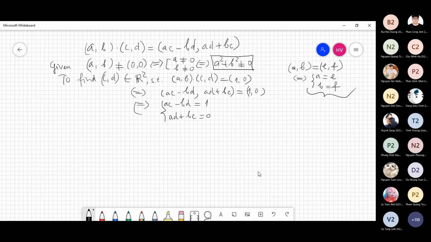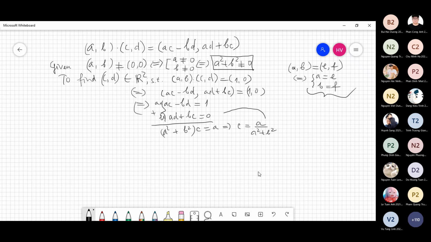Okay, I want to eliminate minus BD here, so I multiply the first equation by A, and here AD, so it's B here. Then add together, so you obtain A squared when you multiply with A, and ABD, and here you obtain BAD, it disappears. The only thing is B squared here. On the other hand side, you have A here because A multiplied by 1 is A. So you obtain C equal A over A squared plus B squared.